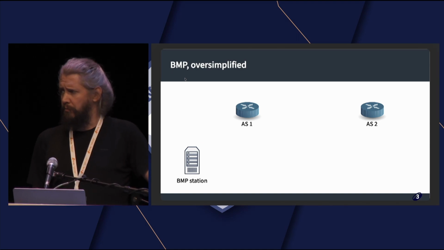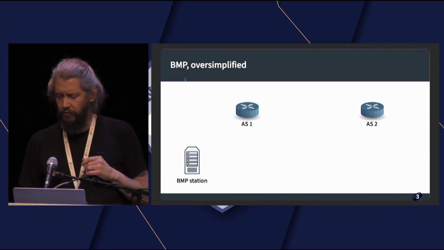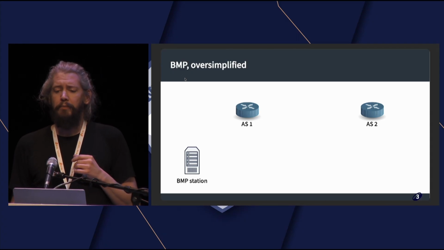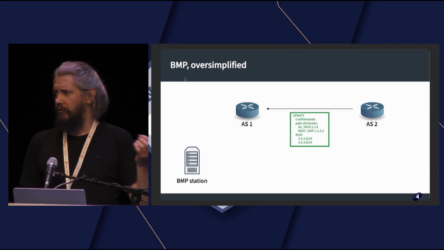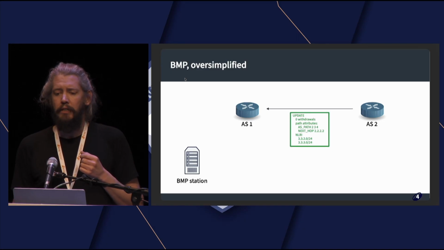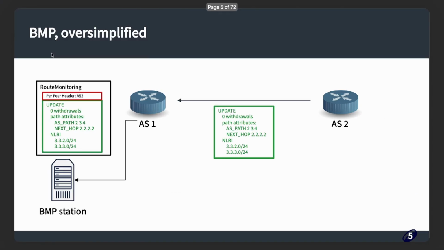But for now, let's say we're AS1, and we have a BMP station, think BMP collector, configured. What will happen is whenever we get an update from our peer AS2, what goes over the TCP connection to our BMP station is basically that update, but wrapped with some additional information. Most importantly, this per peer header that says this is an update that came from AS2.